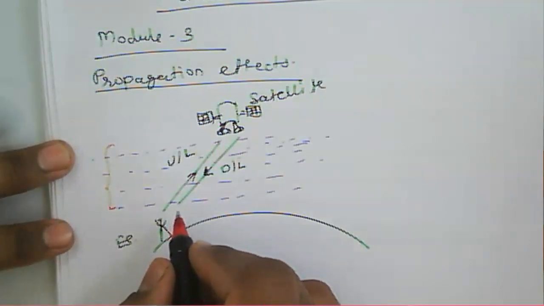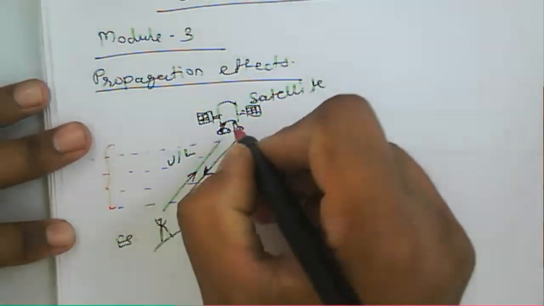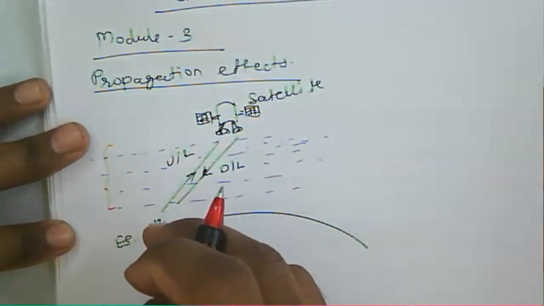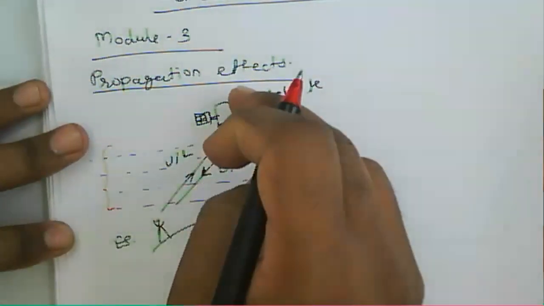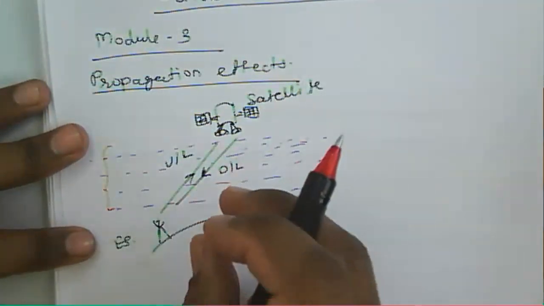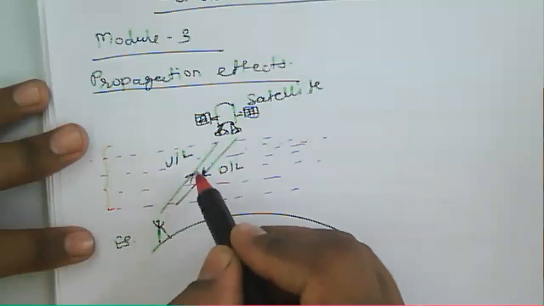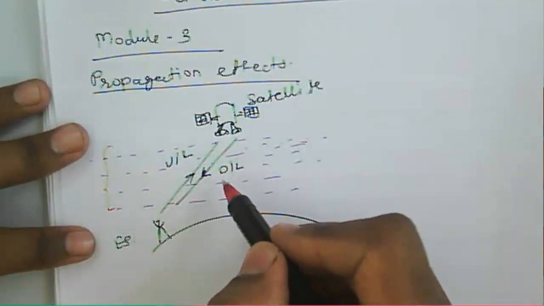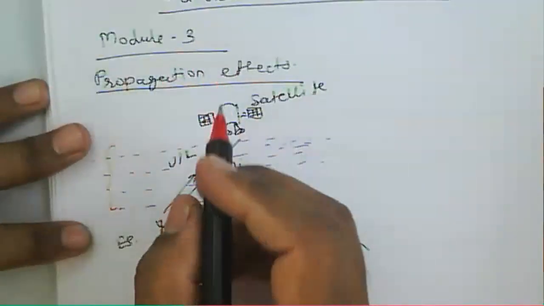We transmit the signal through free space to the satellite, and we learn what happens to the signal for the uplink and for the downlink in this module.